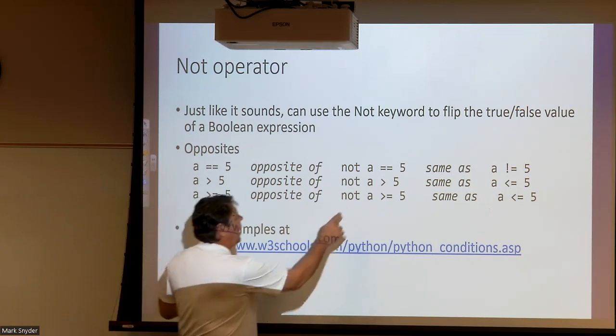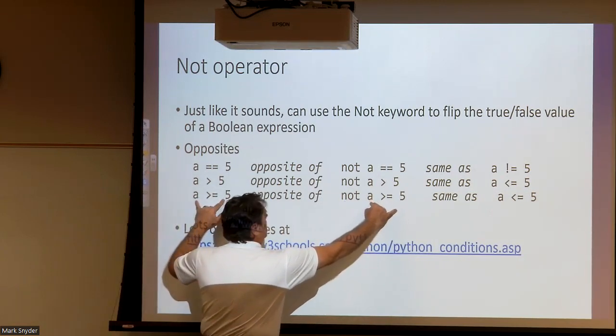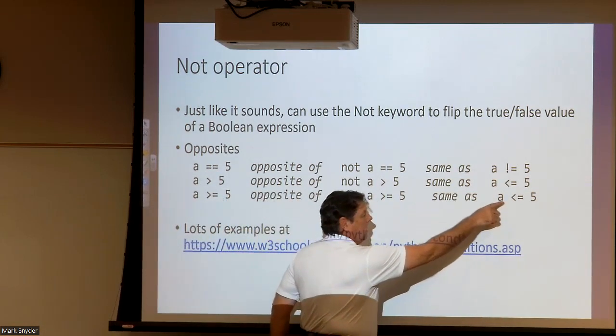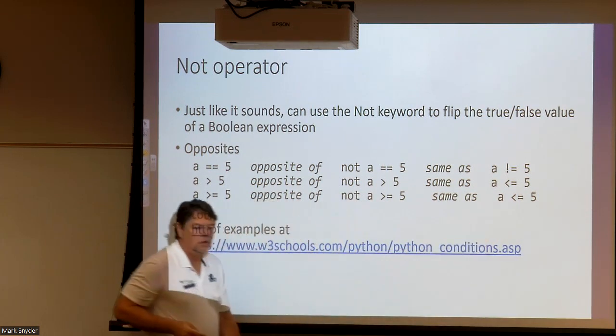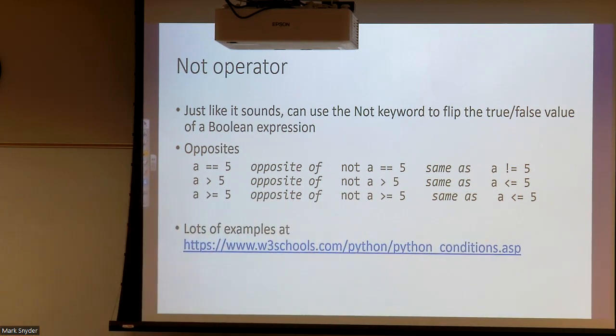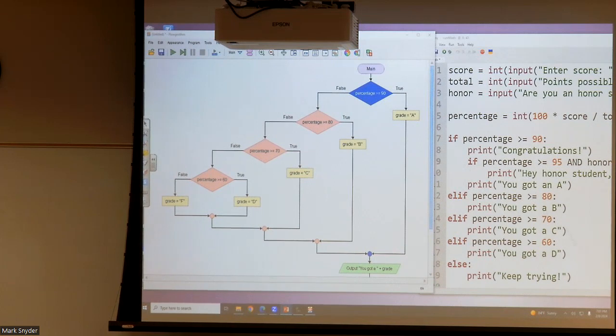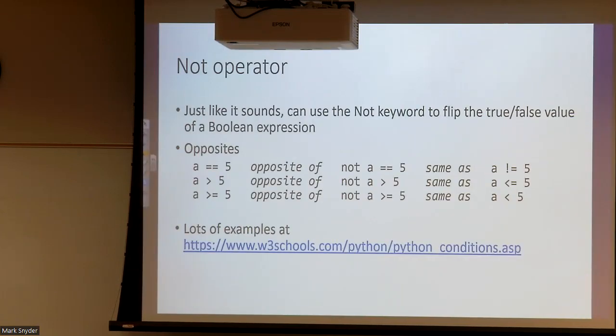Yeah, so not A is greater than or equal to 5 is the same as A less than 5. Another typo. Copy and paste kills. Okay, I think I've got it that time.